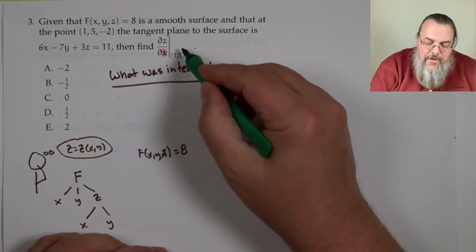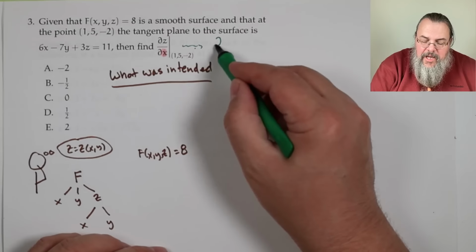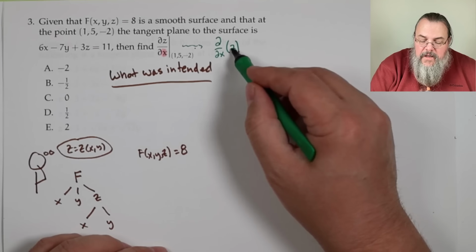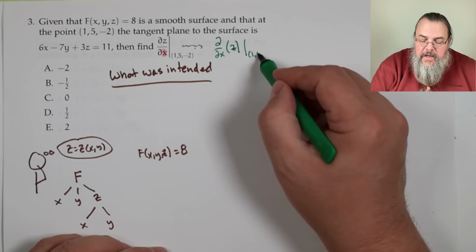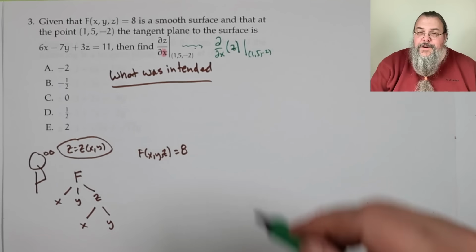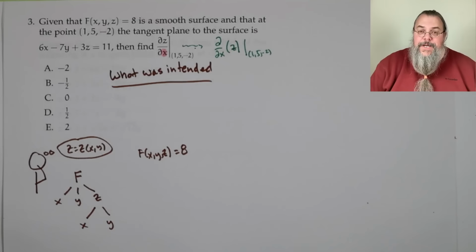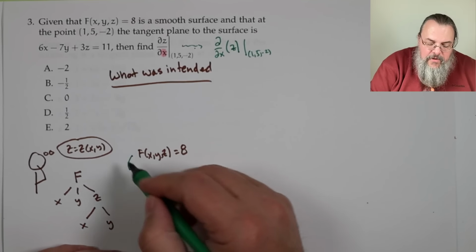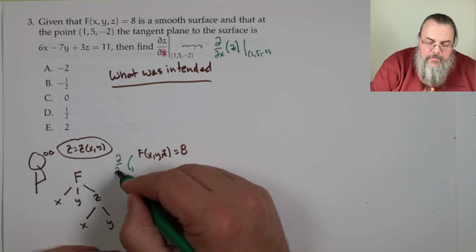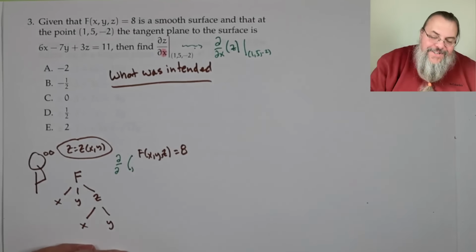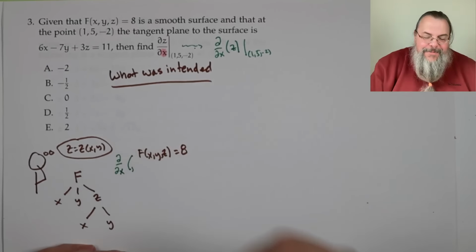So another way we could have written this is take the derivative with respect to x of z and then evaluate that. Remember, this bar with a point means we're evaluating. All right, so I'm making a little note here, take the derivative with respect to x. I know words. I can pay attention. I'm sorry about that.